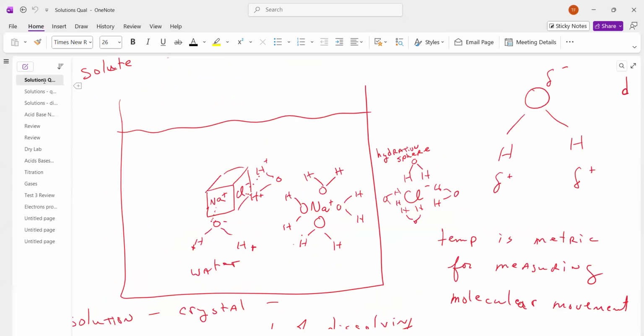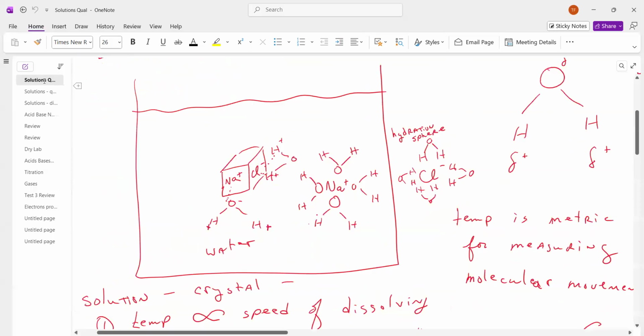So what's going to happen is the water is in motion. The salt crystals are in motion, unless we're at absolute zero. Otherwise, everything is moving. So statistically, the odds of a water molecule hitting the surface of that crystal is high. It's going to bump up against the crystal.